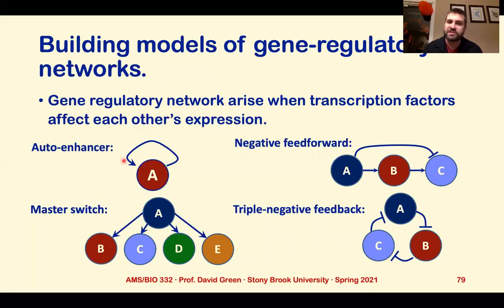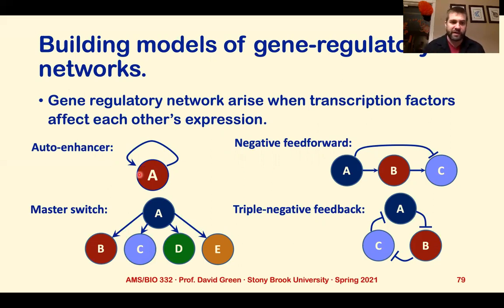The example we just described is an autoenhancer. A shorthand for writing out that central dogma-inspired cartoon from the previous slide is just to say protein A controls itself. We don't need more detail than this within our model, because we're only considering transcriptional control.